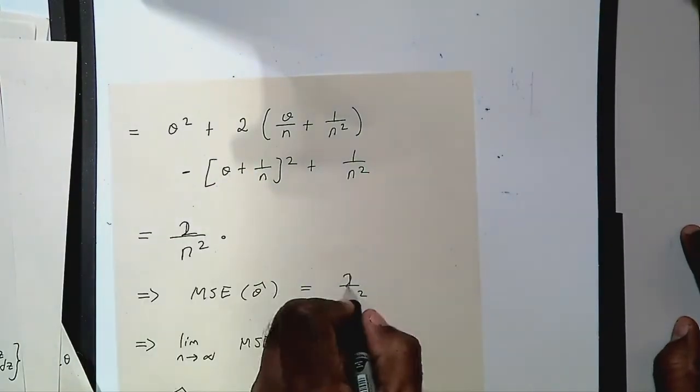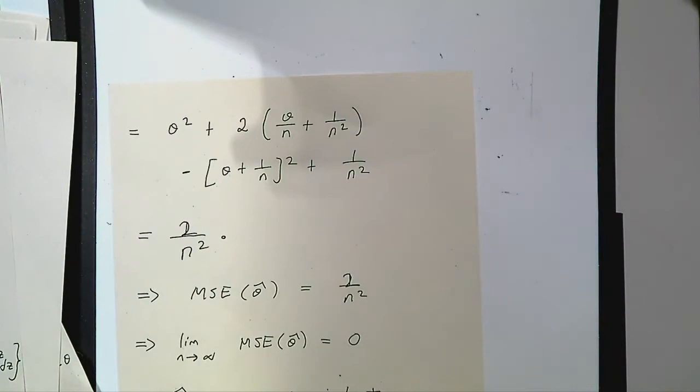I'm being so stupid today. Yeah, thank you. That's 2 over n squared. Yeah, you're right. But the answer is the same. Thank you for pointing that out. I made a lot of errors. It should be 2 over n squared. Yeah, that's what I changed now. It's 2 over n squared now.